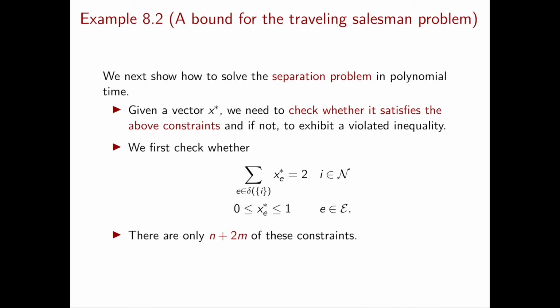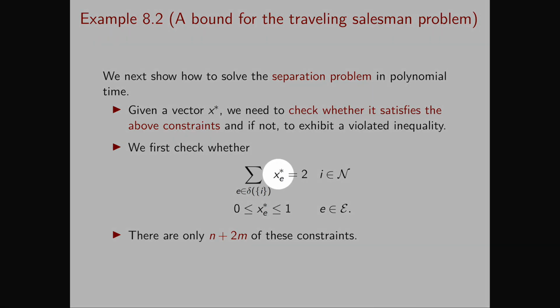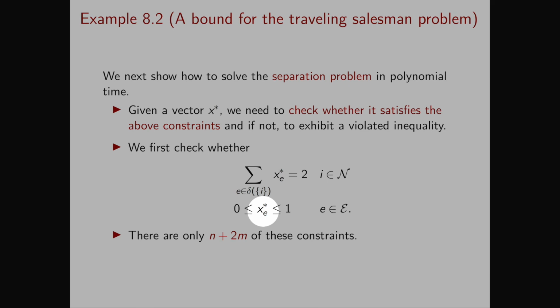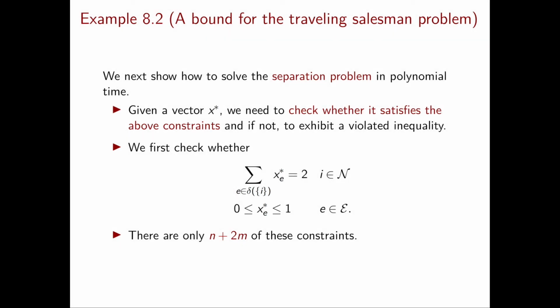Now, some of the constraints we can directly check because they're just polynomially many. These are our first set of constraints because we have one for every node, so only n of them. And we can also check in polynomial time whether every component of x star is between 0 and 1. These are an additional 2m constraints because I have 2 constraints for every edge.